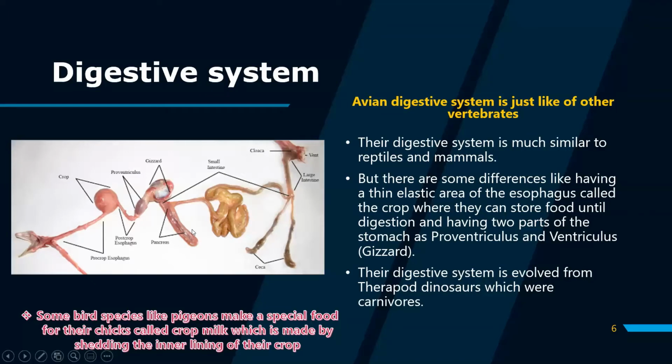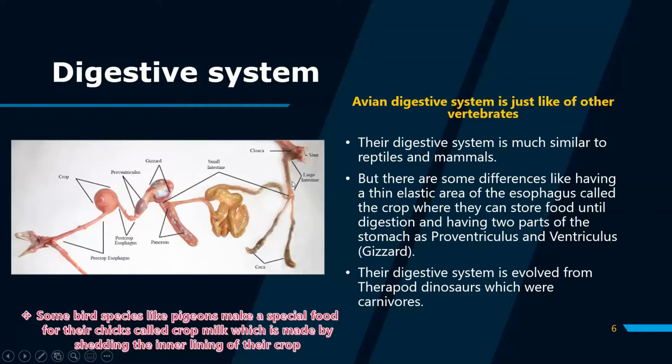This is the duodenum. It's a part that you can see in humans too, and this is the pancreas. Then it goes to the small intestine, and then to the large intestine. Actually, they have rather long cecums. These are called ceca. Even humans have them, but they're not that big.